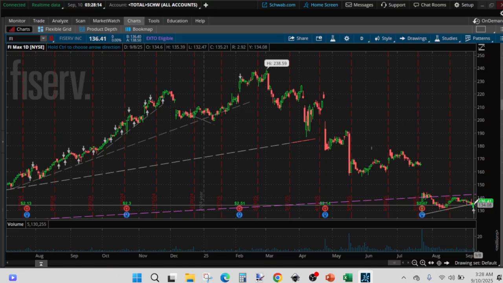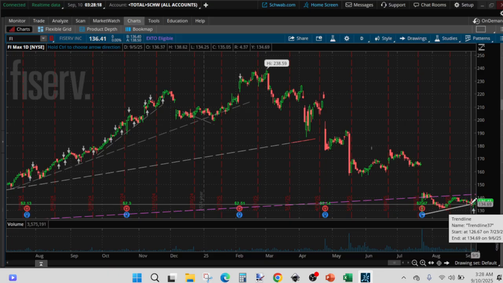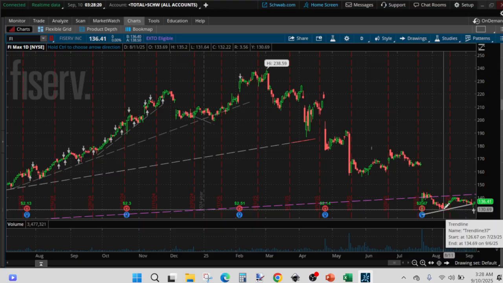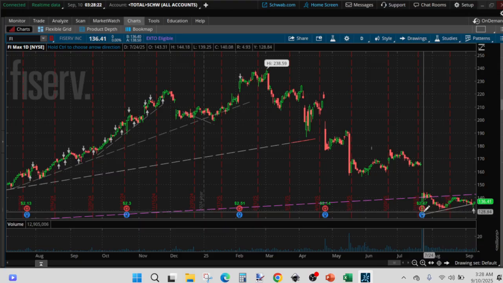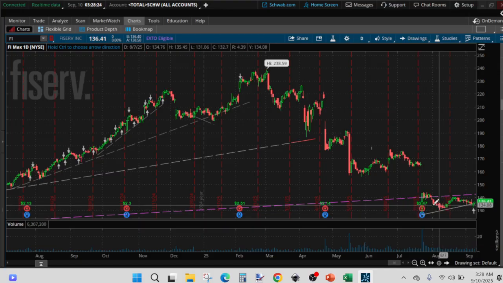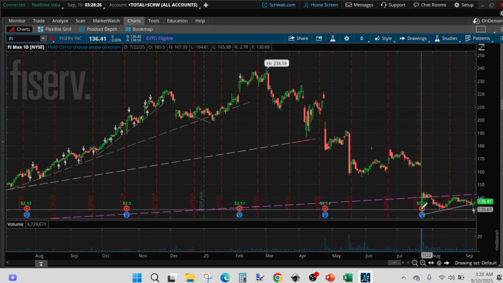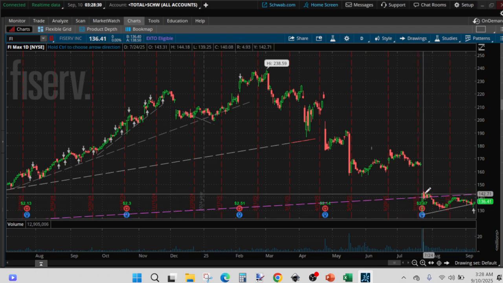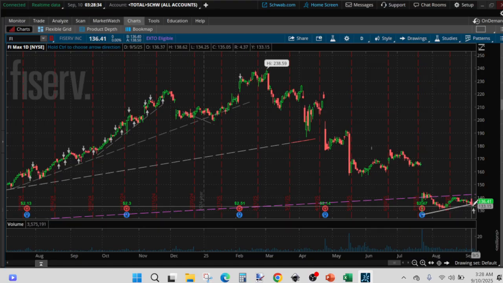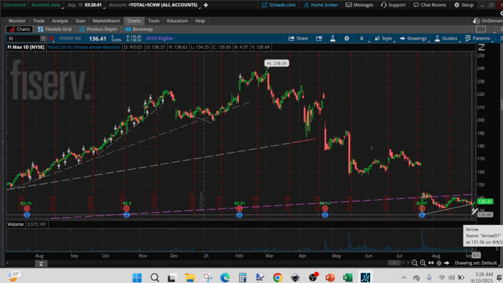So meaning the drop here is higher than here, which is higher than here. Therefore, although this one is a green bar and technically the red bar will be the one to consider, I decided to buy FI yesterday, and that's something I purchased.